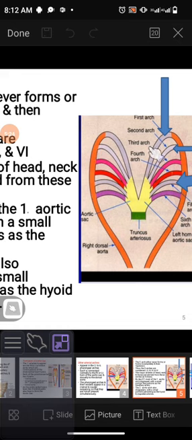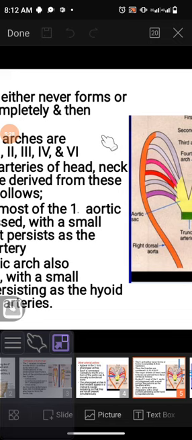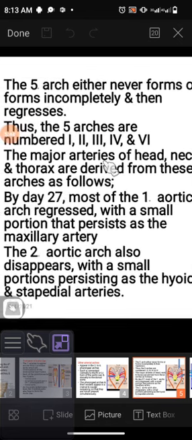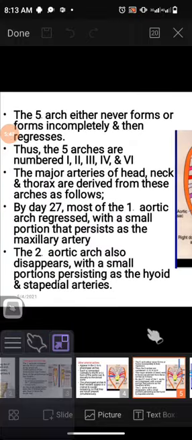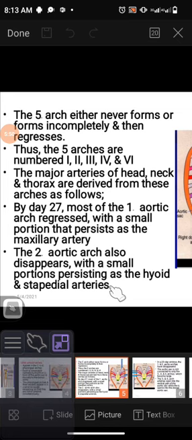So by day 27, the first aortic arch would have disappeared, leaving behind a remnant known as the maxillary artery, whereas by day 29, both first and second have disappeared. The second will leave behind the hyoid and stapedial arteries.